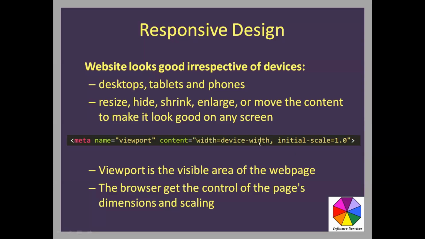One setup like this in your HTML tag will allow it to scale automatically. The initial scale is 1.0, which means its width and scale will fit automatically according to the device.